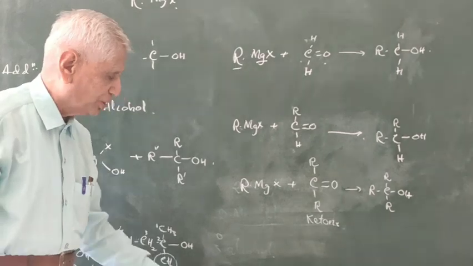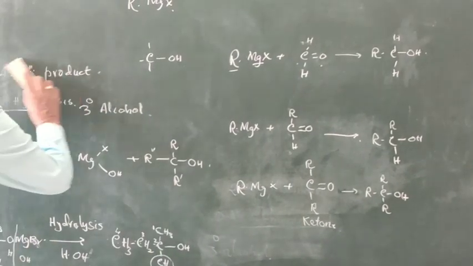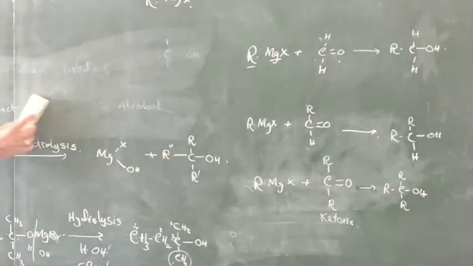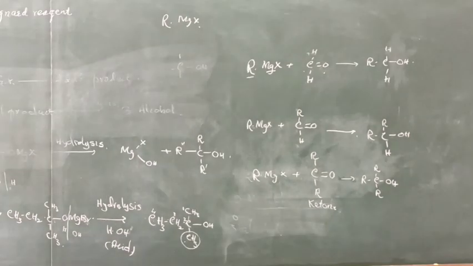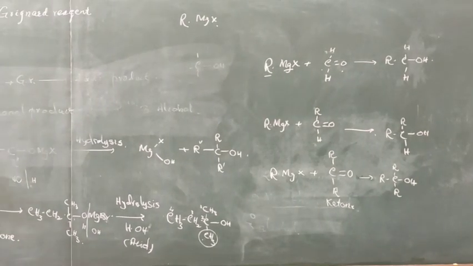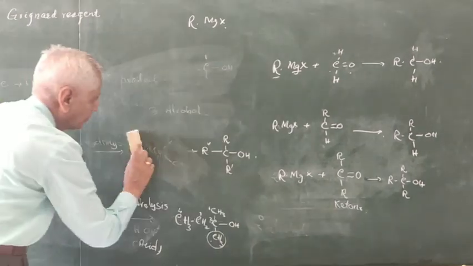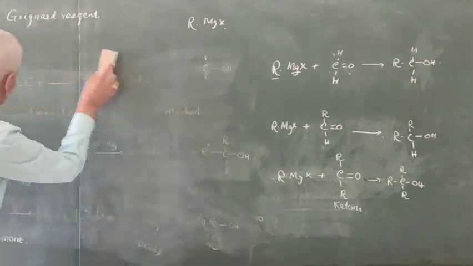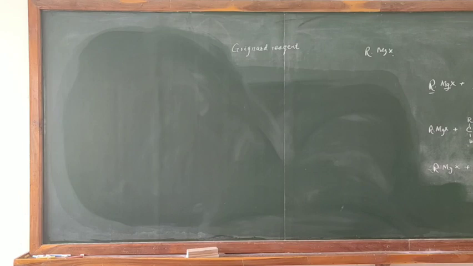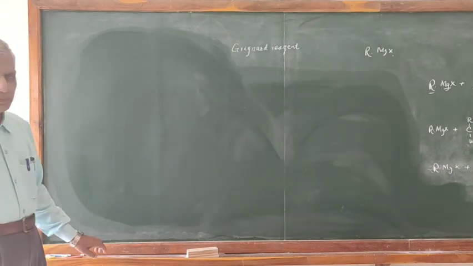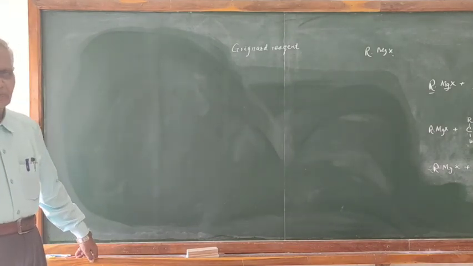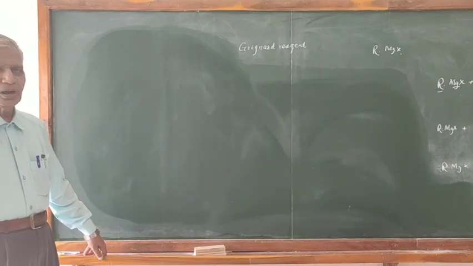Now I will ask you one question. I will give you one compound. Tell me how this compound can be obtained from Grignard's reagent. I will write a compound here. Try to answer this question.